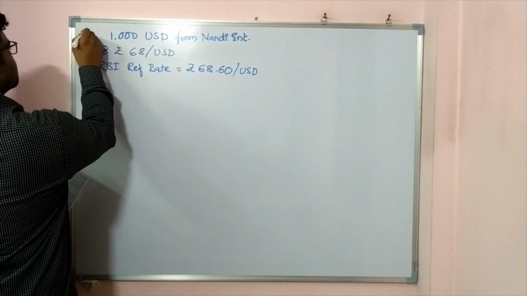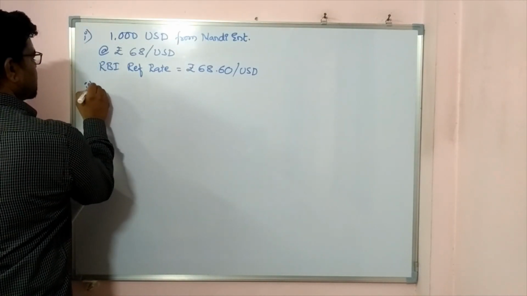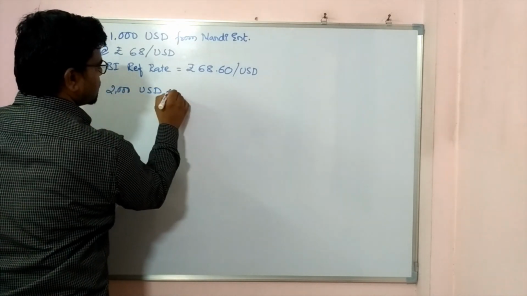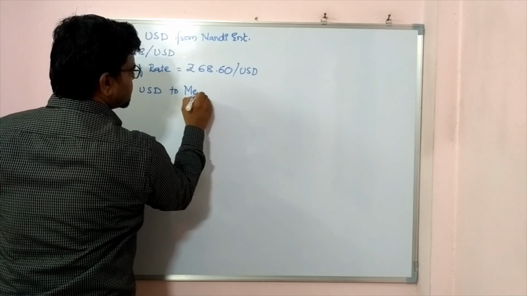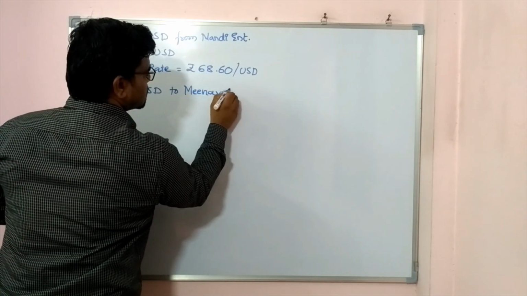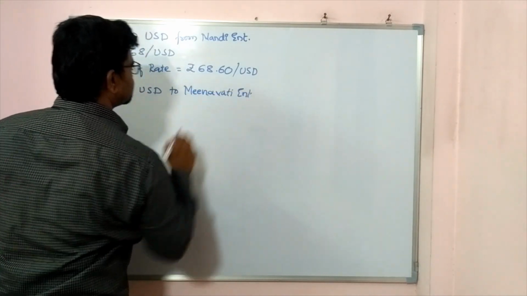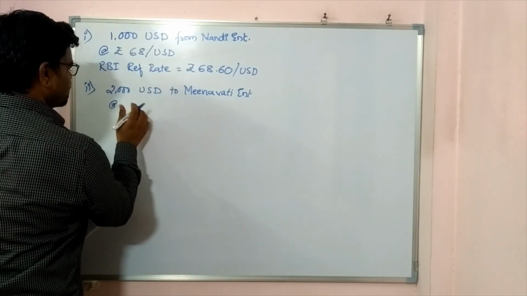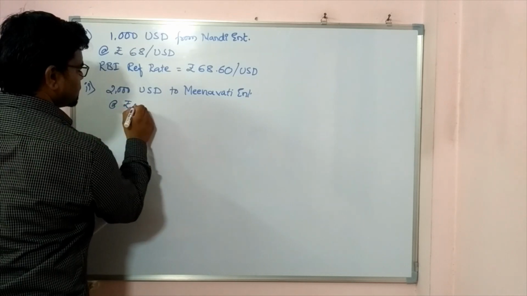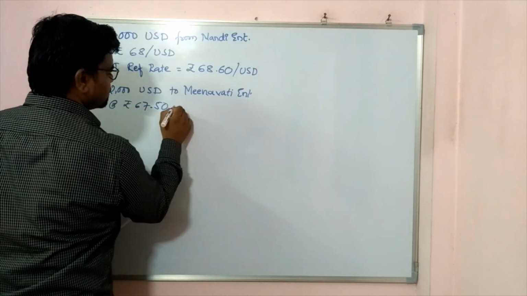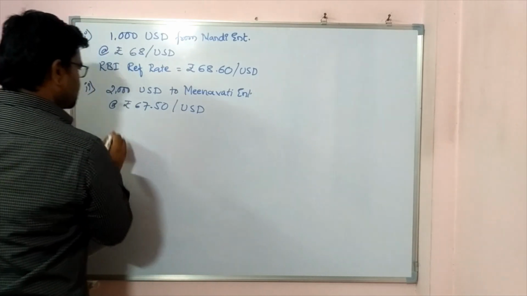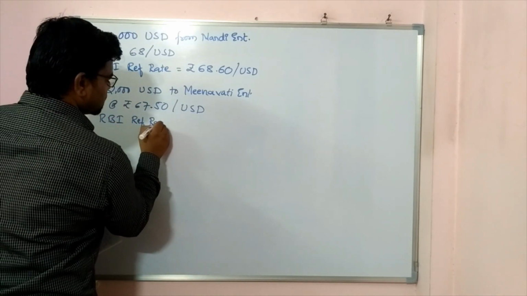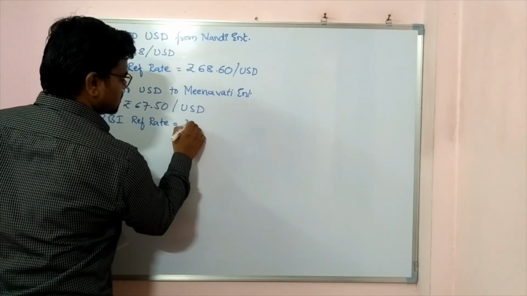This is point A, point 1. There is second point which is given. $2,000 were exchanged to Minawati Enterprises at rupees 67.50 per US dollar. RBI reference rate is not available.